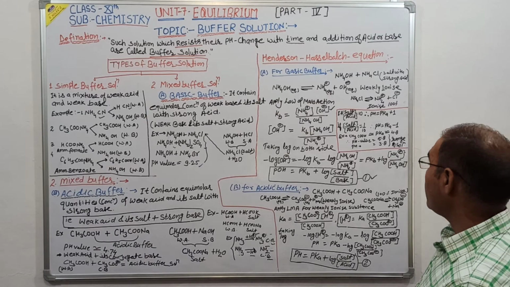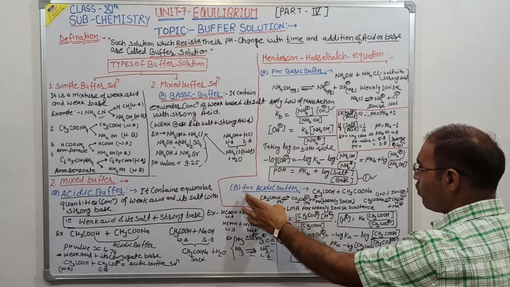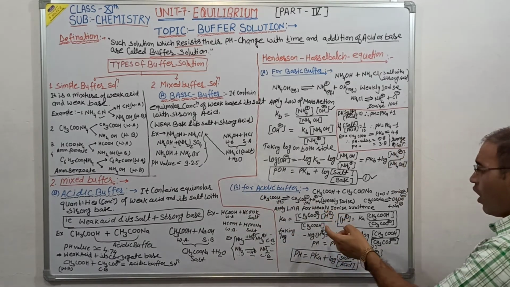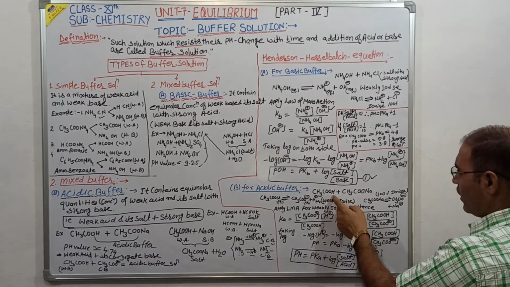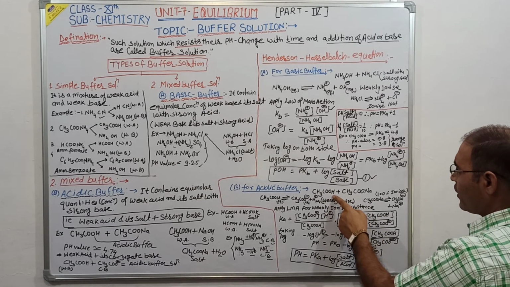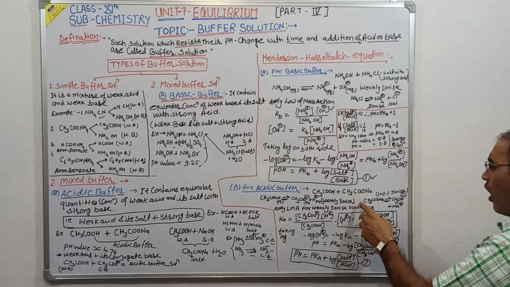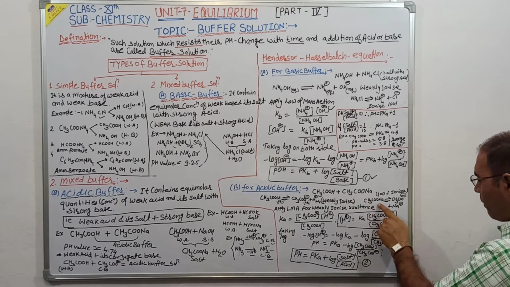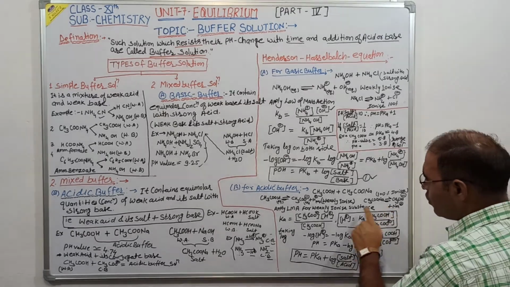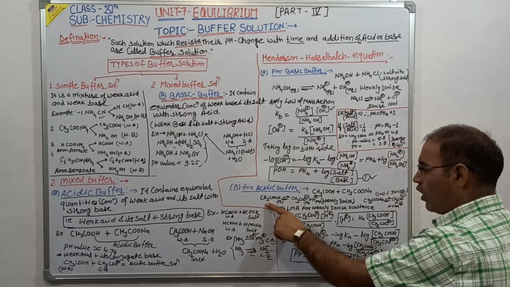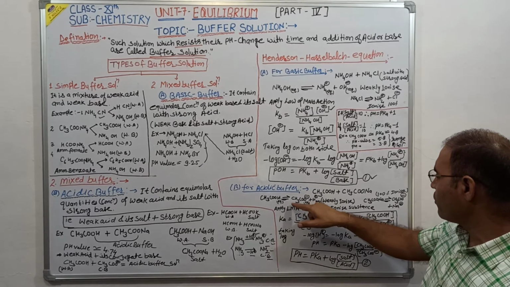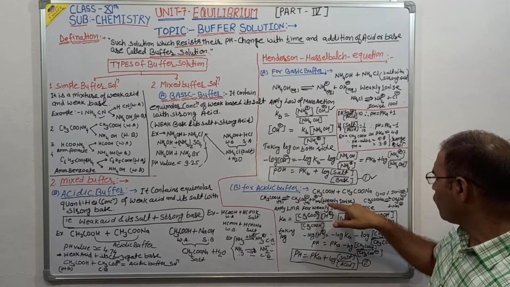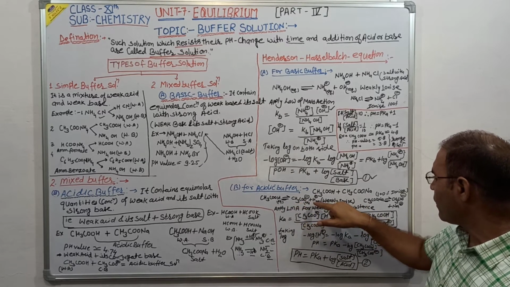Now the equation for the acidic buffer solution: the acetate buffer is acetic acid plus sodium acetate. Sodium acetate is 100% ionized in aqueous solution, whereas acetic acid is weakly ionized in aqueous solution, converting into acetate ion plus H plus.